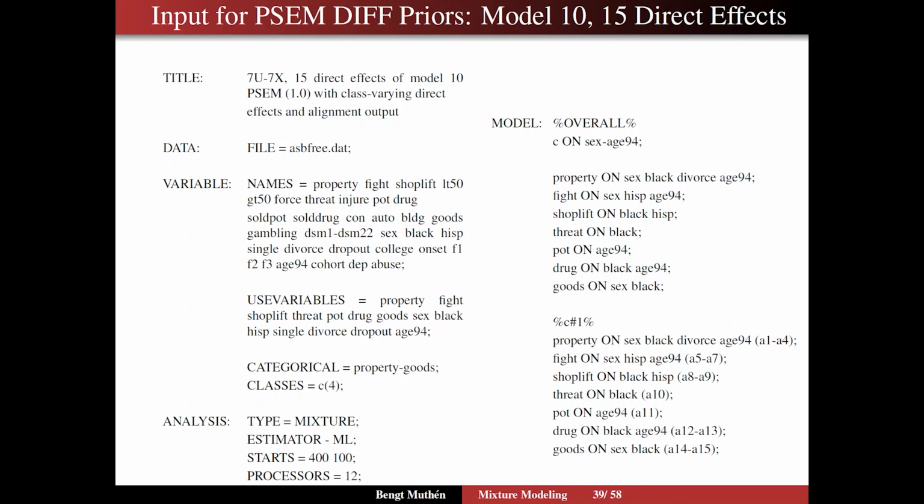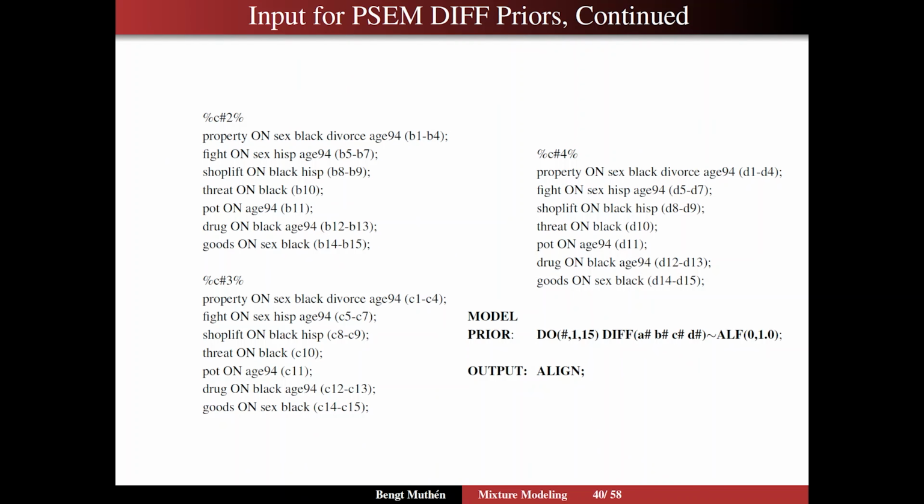And for class 2, we then go to label them as B instead of A, going from 1 down to 15. For class 3, we use the letter C, and for class 4, the letter D.